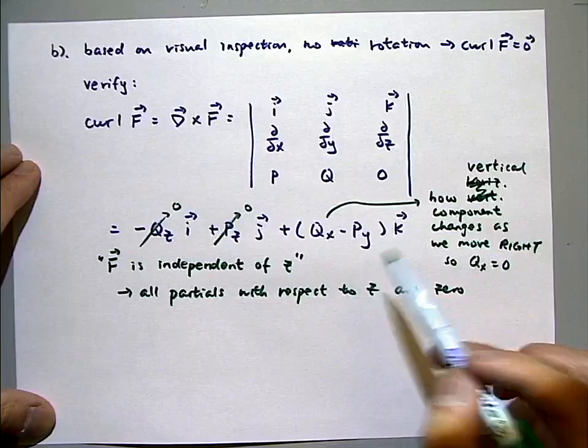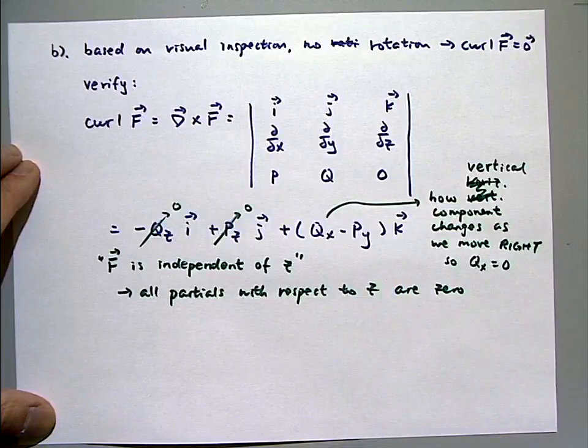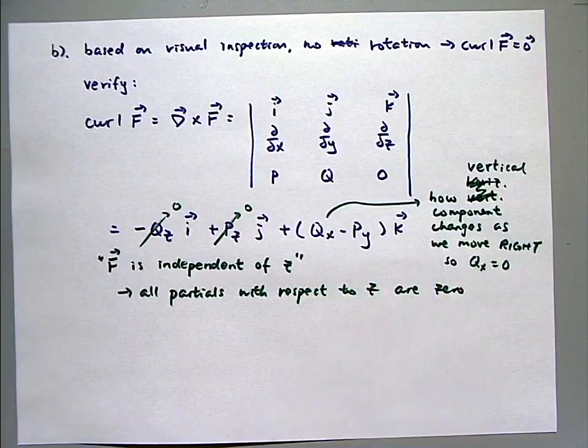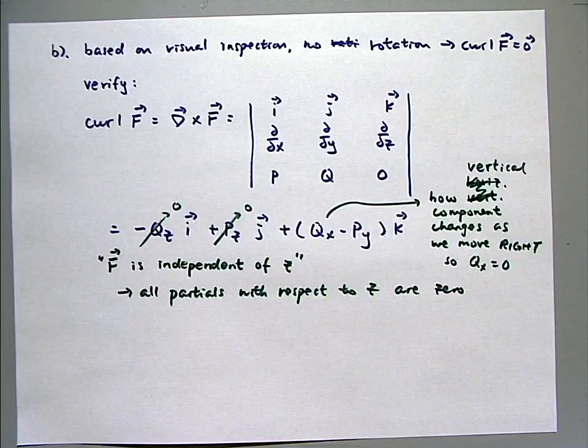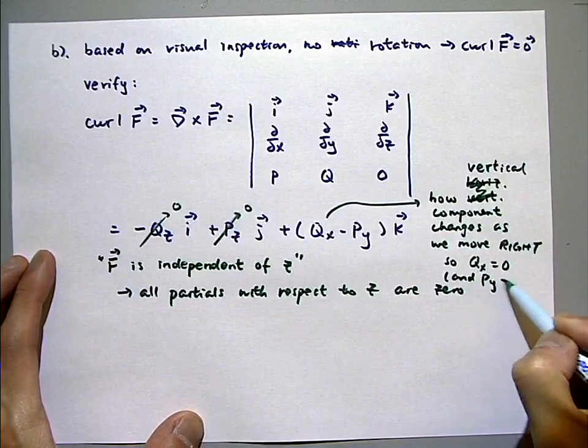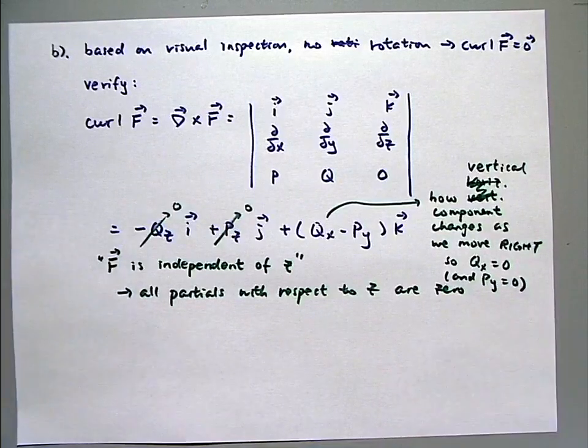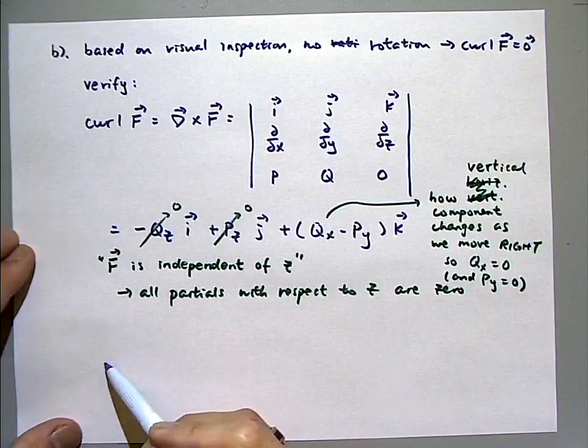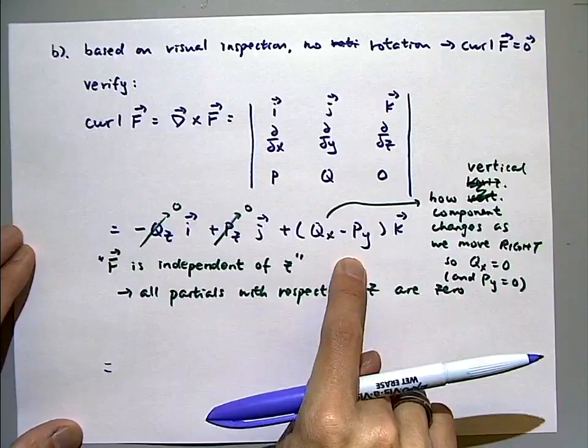Py means how the horizontal component is changing as we move up, right? So pick the first column of that vector field. All of them have the same horizontal components. So what we found from looking at the picture here, all of these are 0, 0, 0, 0.